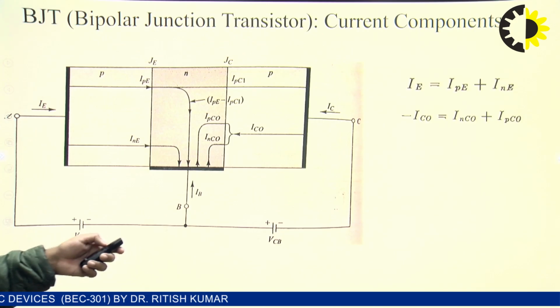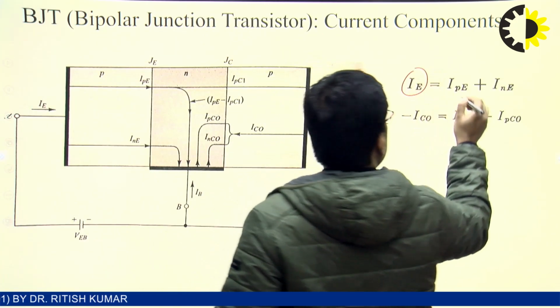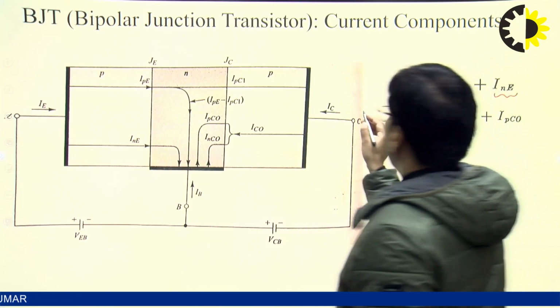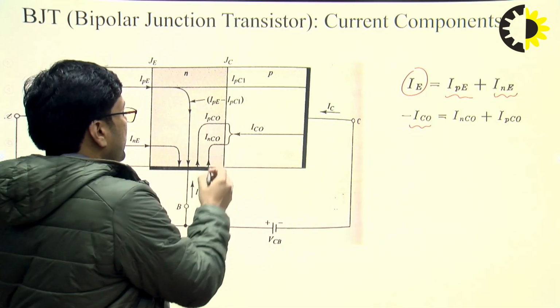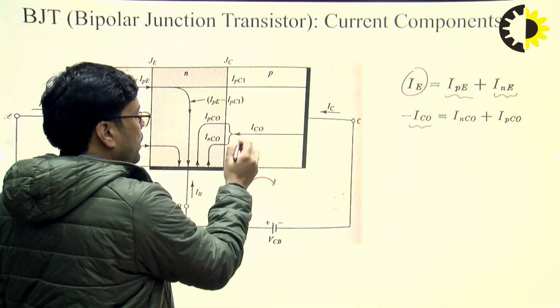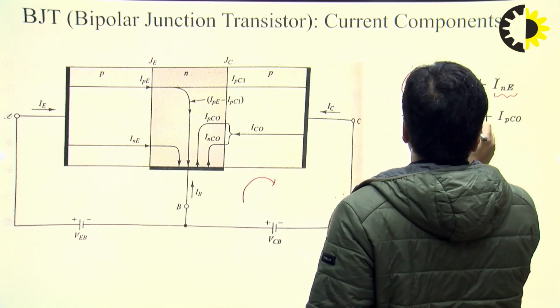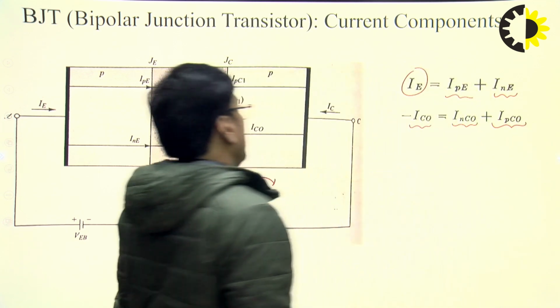So generally we have the total emitter current due to the hole and due to the electron, and again the reverse saturation current. The negative sign is taken because by default the current exists in this direction, but we have assumed that ICO is in the opposite direction, that's why we have taken the minus sign. This current is due to the electron and this current is due to the hole.